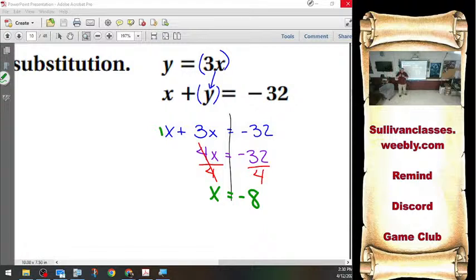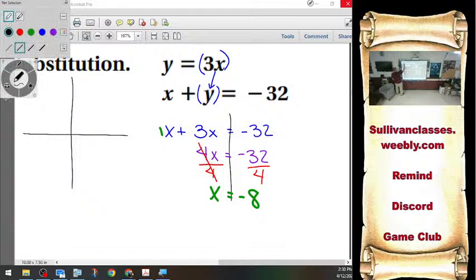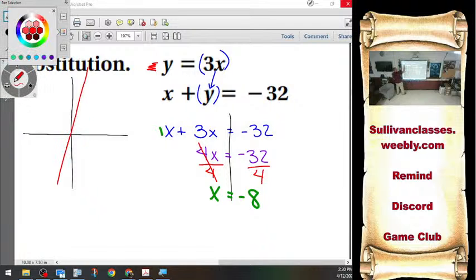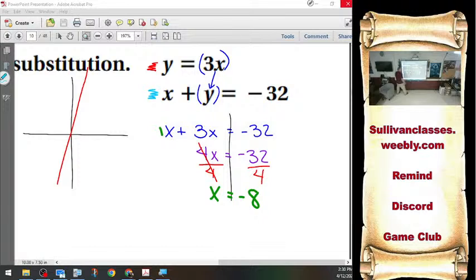We are so trained to say x equals negative 8, we're done. Well, you have to remember what we're doing here is saying, where are these 2 lines going to cross? Well, this line, y equals 3x, and this line... Oh, negative 32.